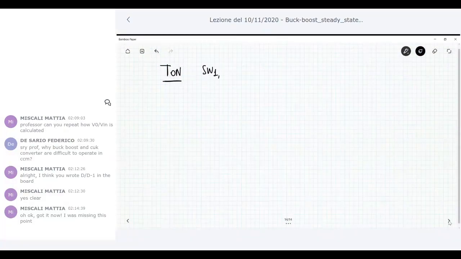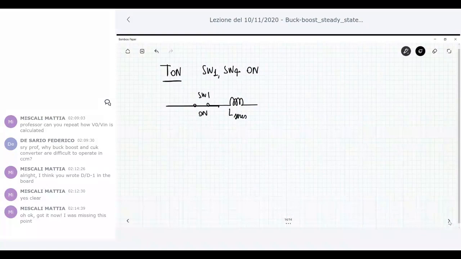So what happens during T on? Switch 1 and switch 4 are closed, so they are on. And so that means that, let me redraw the circuit with switch 1 on. The diode is open, sorry, L series.